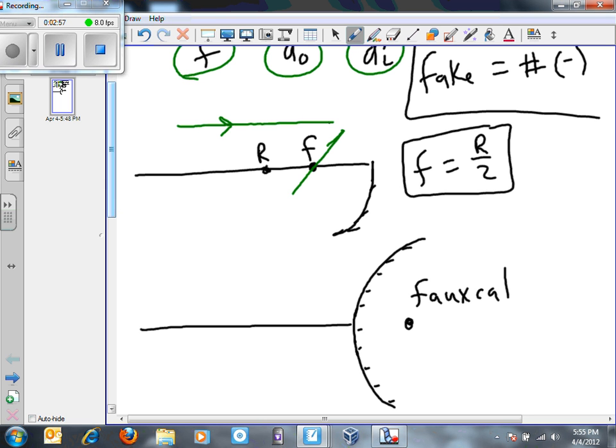But the principal law of reflection says that the incoming ray angle is equal to the reflected ray angle as measured from the normal. So these angles here should be equal to each other. And that normal would be on a tangent to the circle.